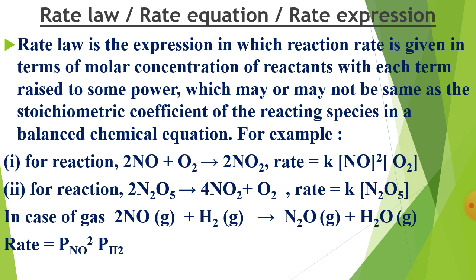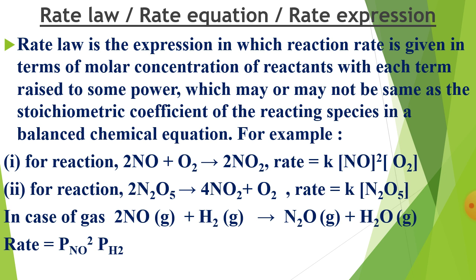Now rate law, rate equation, rate expression. Rate law is the expression in which reaction rate is given in terms of molar concentration of reactants, with each term raised to some power which may or may not be the same as the stoichiometric coefficient of the reacting species in a balanced chemical equation.